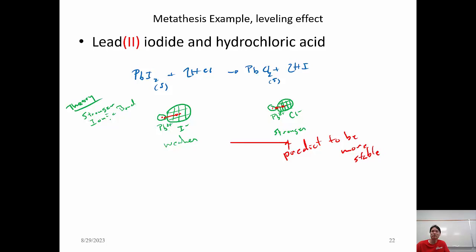Experimental fact always wins. So there's a problem with my theory. What could be a potential problem with my theory? One of the big problems with my theory is the assumption I made. I assumed that the bonding is 100% ionic. With heavy metals, it isn't the case.